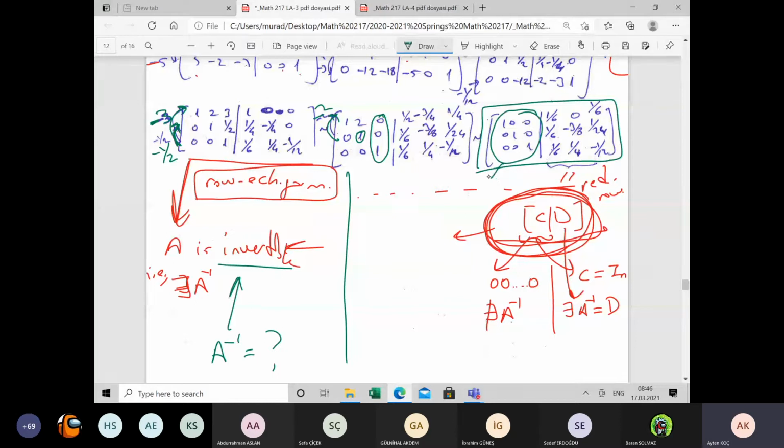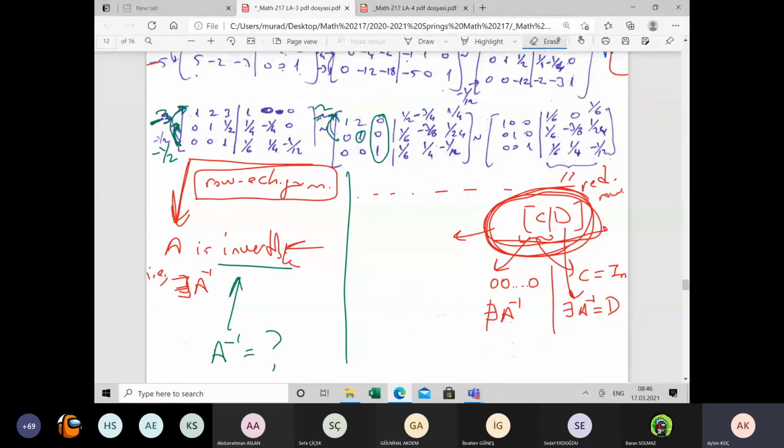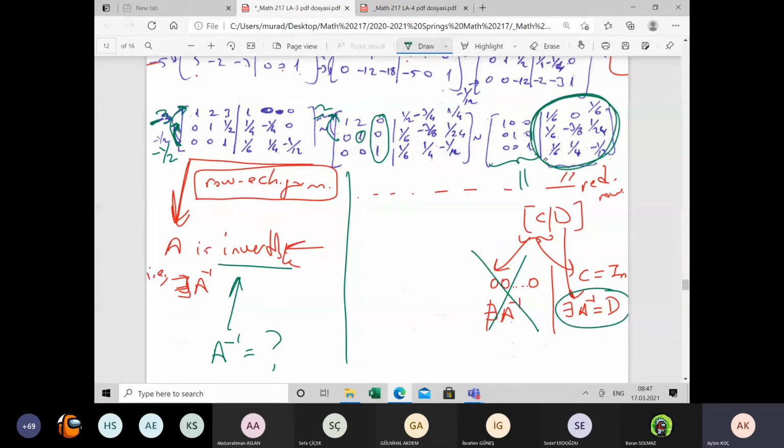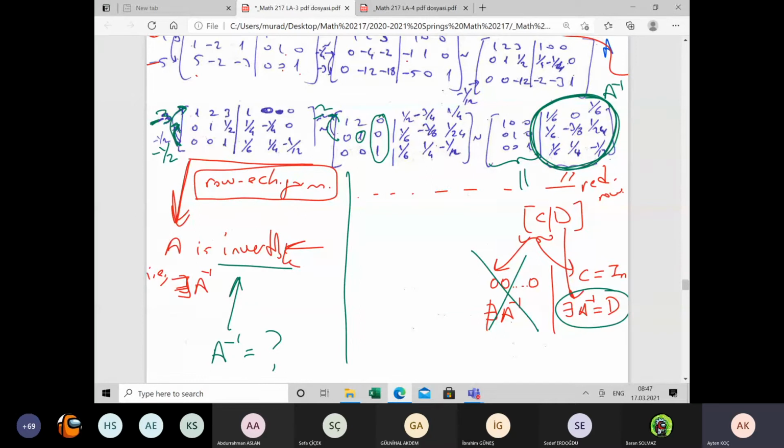This matrix in reduced row echelon form is the CD matrix. It has no zero row in the first part, so the inverse exists. What's the inverse? The inverse is this matrix, A inverse. Any question?